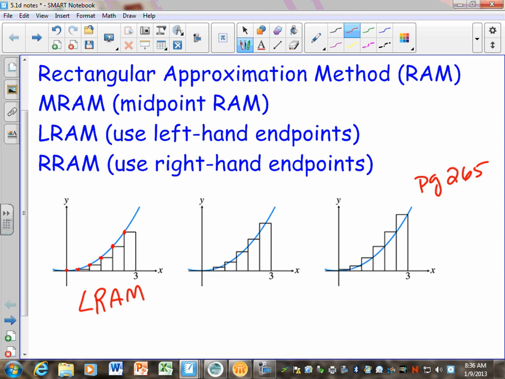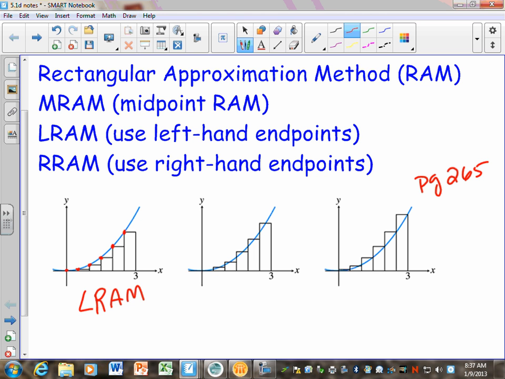This one's the one that we did yesterday. We used midpoints. Notice on this one, what's going to happen when we figure this out? Is it going to be over the actual amount, under the actual amount, or maybe pretty close to the middle? With all those rectangles, if I did the area of each one, how close is that going to be to the actual area underneath that curve?